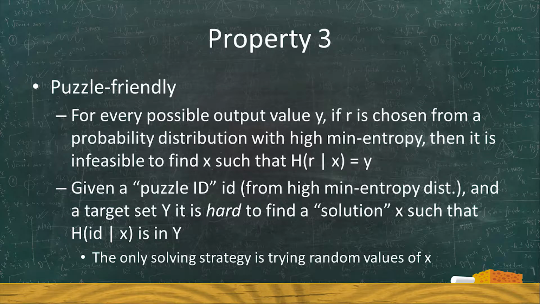And property 3 is called puzzle friendliness. Again, we'll see how this is related to Bitcoin. Here, you are given a set of possible values, let's call them y. You want to compute a hash of x concatenated with r, and you want that to fall into a particular domain, let's say y, right?